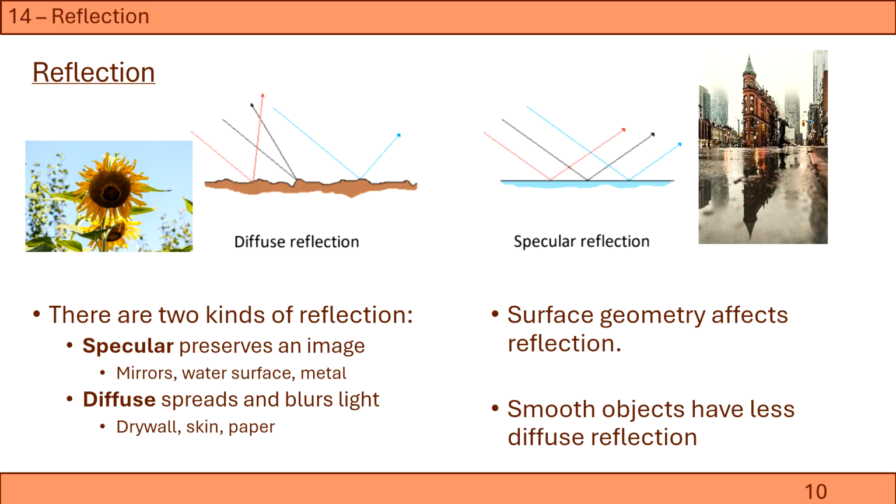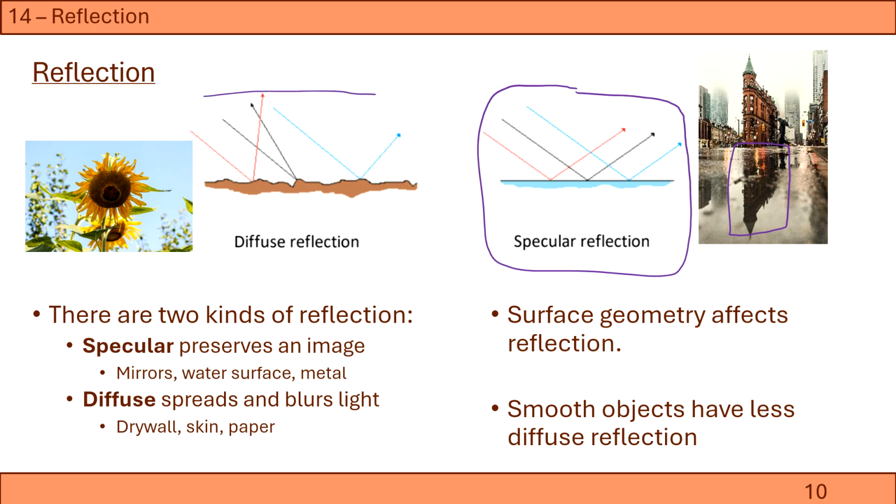This reflection can be split into two kinds depending on the surface of the reflecting medium. So this is probably what you are more used to thinking of as a reflection. A specular reflection is one that preserves an image and it forms a nice crisp reflection of this building right here. However, a diffuse reflection doesn't really give us a nice crisp image.